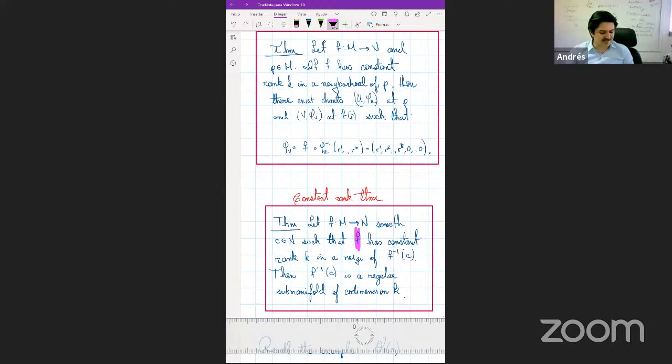And not only that, we know the dimension, which is going to be n minus the rank. So this is the goal of all our previous work for this result.